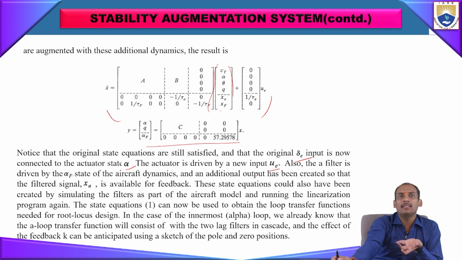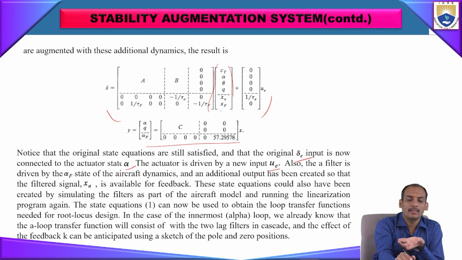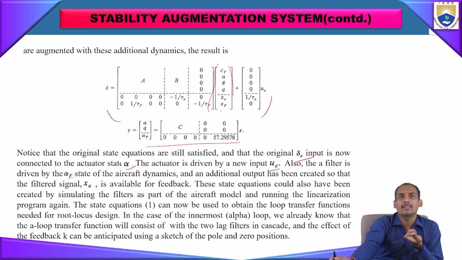Also, the filter is driven by alpha f, the angle of attack state dynamic. An additional output is given for the filter signal, XA, the x direction variable for the feedback only. The state equation could also be created by simulating the filters as part of the aircraft model and running the linearization program.